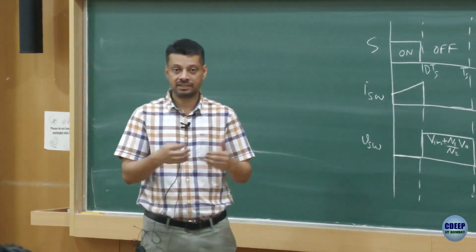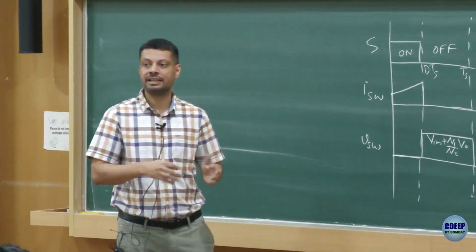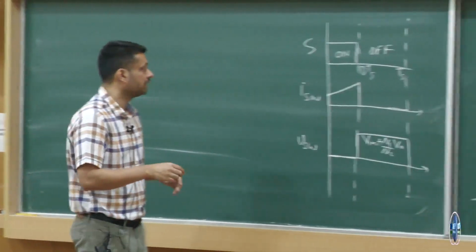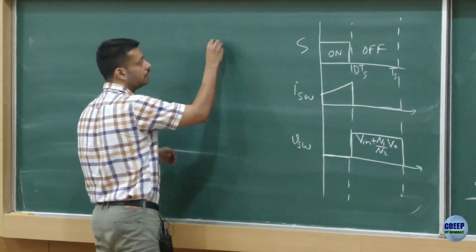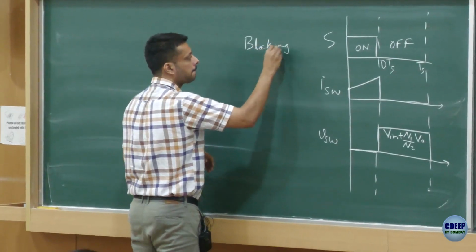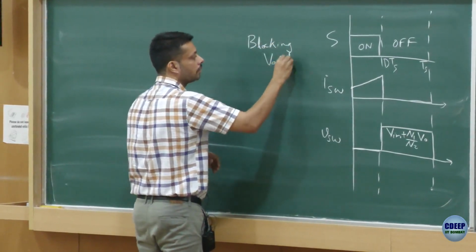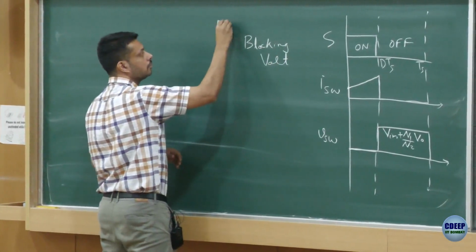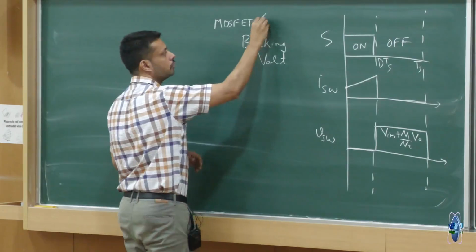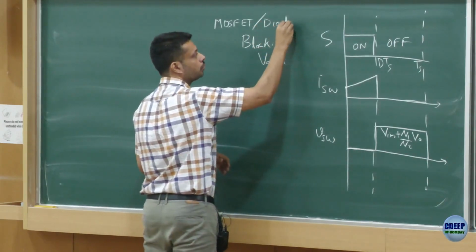Of course, the definition can go into many details, but the most basic way to define a MOSFET, or diode, or whatever switch you want to buy, is using the blocking voltage.